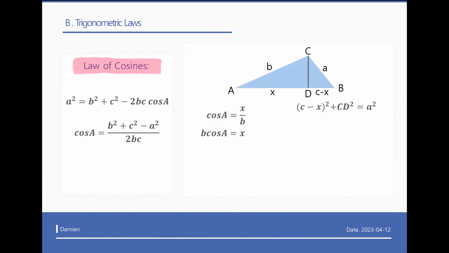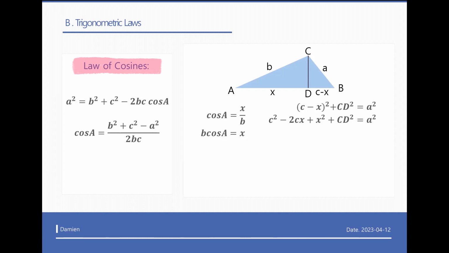So we can say (c minus x) squared plus cd squared equals a squared. Okay? Let's expand this out a little bit better. (C minus x) squared becomes not c squared minus x squared, but if you remember FOIL, c squared minus 2cx plus x squared, plus cd squared equals a squared. It gets a little bit long, but let's just keep this up for now, okay?